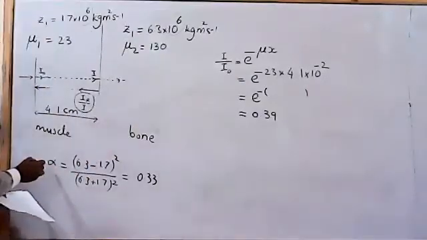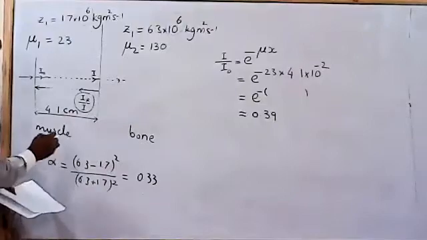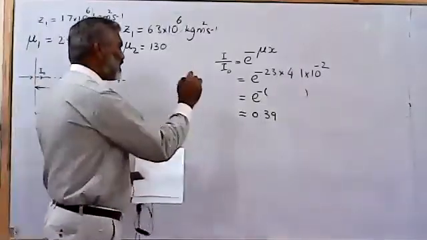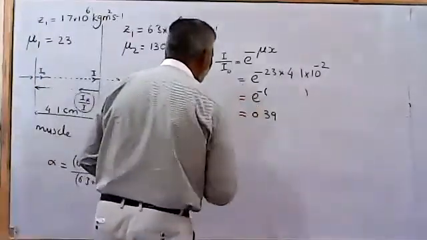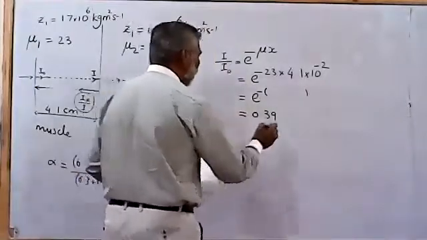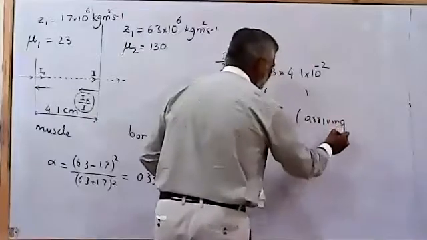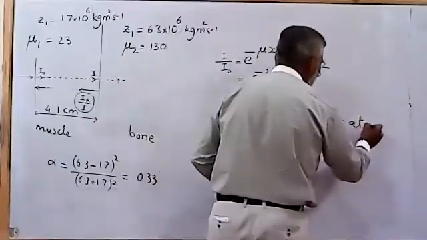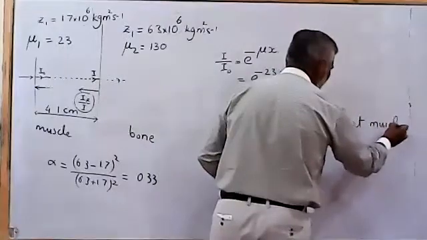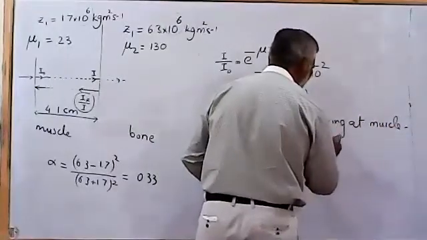This is the reflection coefficient of the muscle bone boundary, number one. This is the fraction of the intensity arriving at muscle bone boundary.